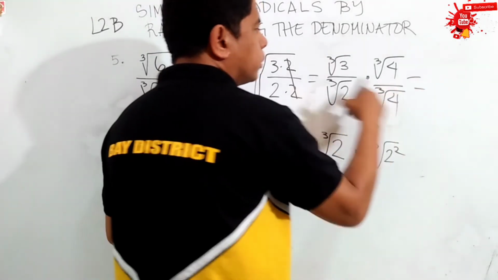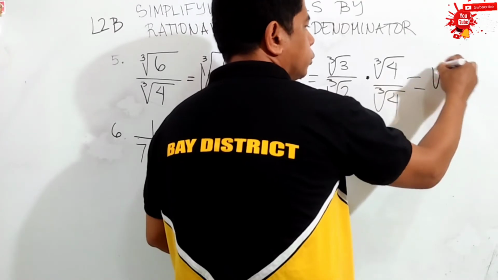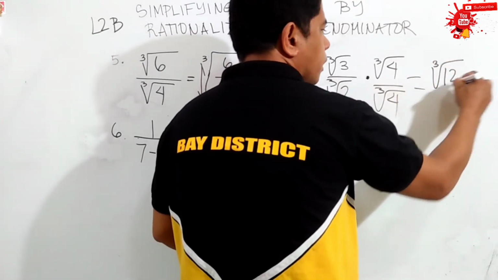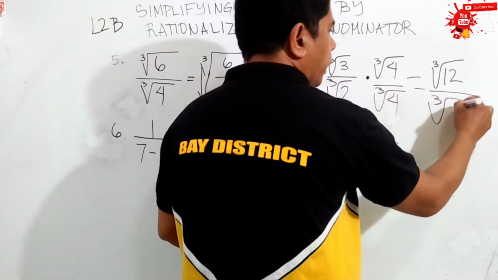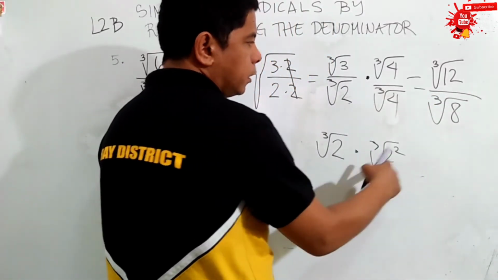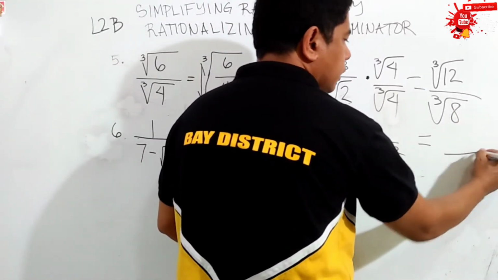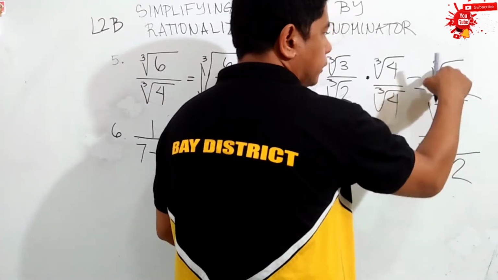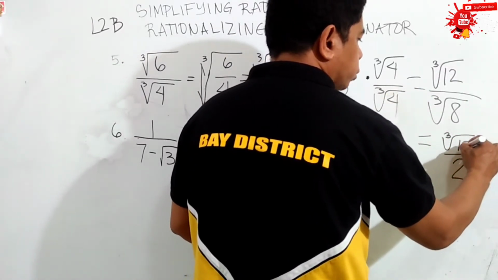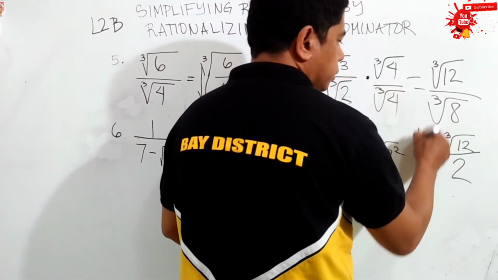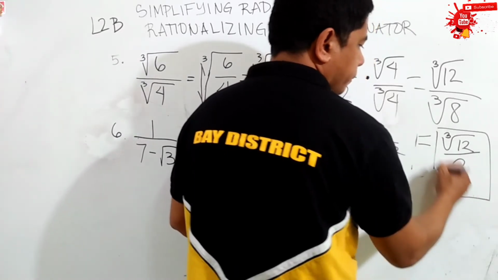So, ang magiging sagot natin, cube root of 3 times cube root of 4, that is cube root of 12 over cube root of 8. Then, ang cube root ng 8 ay equal po yan sa 2. Wala ng radicals. Copyin lang natin ng numerator, which is cube root of 12. So, ito po yung sagot natin for number 5.